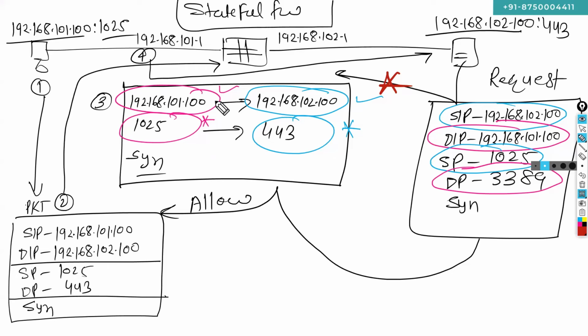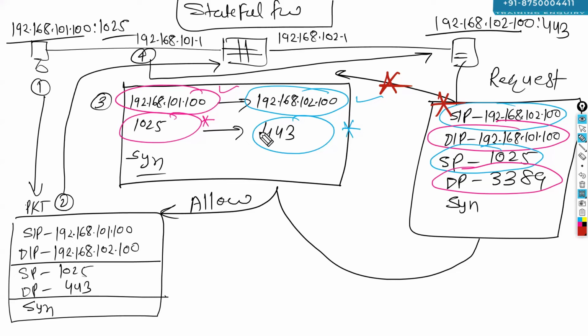Layer 3 information will match here, but layer 4 information will not match our database. When layer 4 information does not match, the firewall will drop this packet because it is not matching our database. This will be done by the firewall.